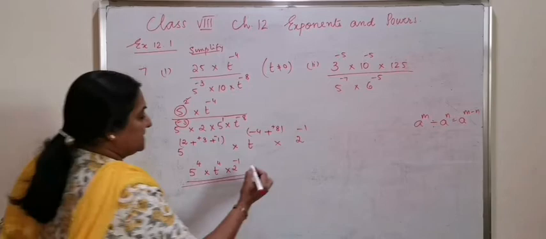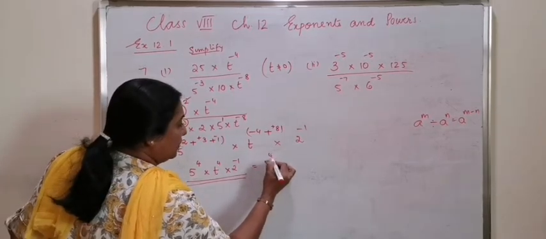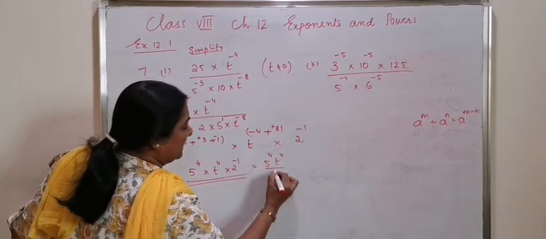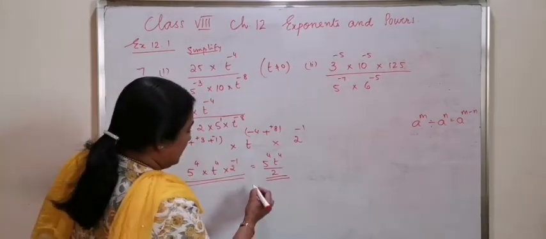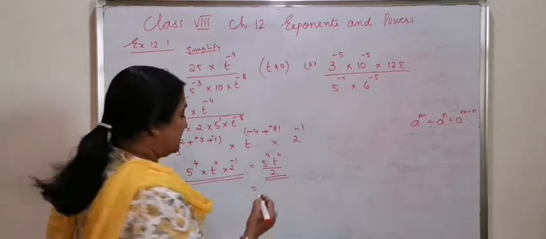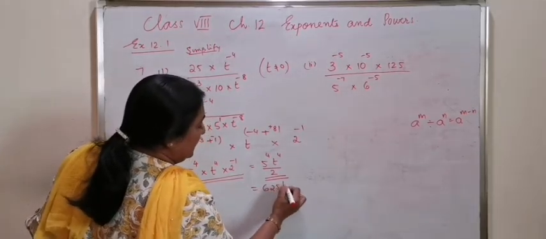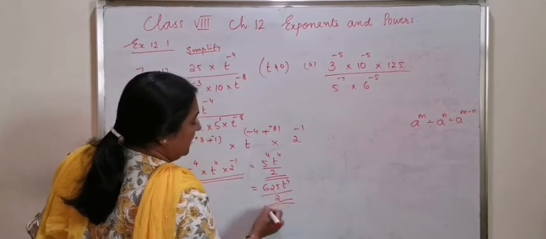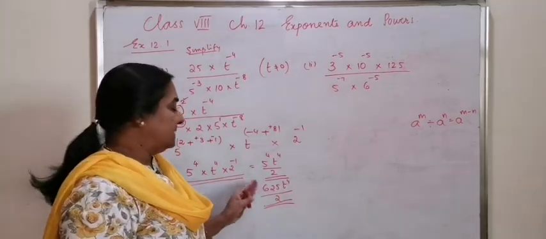You can write it as 5 to the power of 4 t to the power of 4 divided by 2. It's the same as 5 raised to 4 is 25 into 25, 625 t to the power of 4 divided by 2. And so you get the answer.